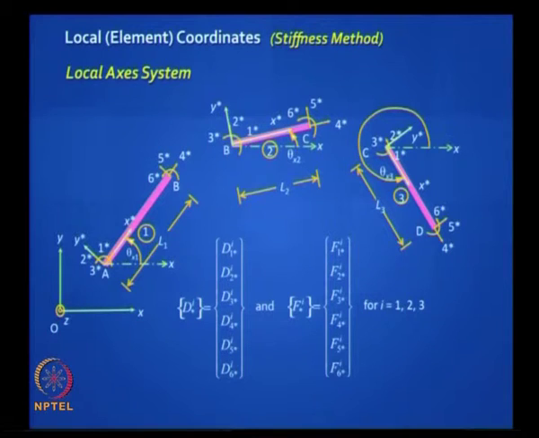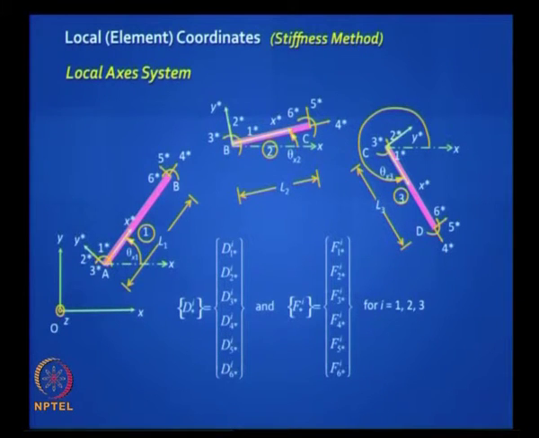Next, you will recall we defined the local axis. In this particular plane frame example, you have 3 elements and we have the local coordinates, the local axes. You have 6 degrees of freedom per element. So you have the element displacement vector and the element force vector, and we use some superscripts and subscripts to clarify.